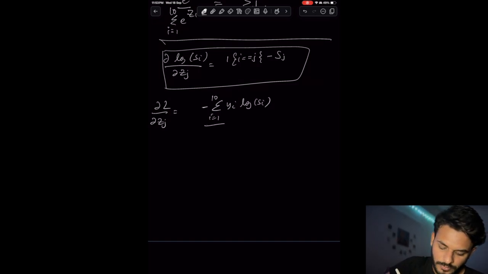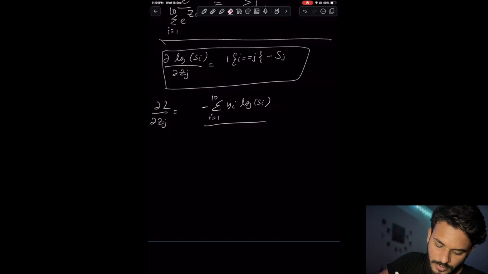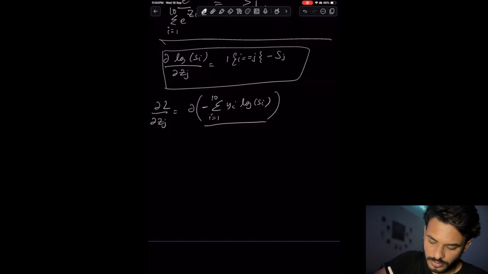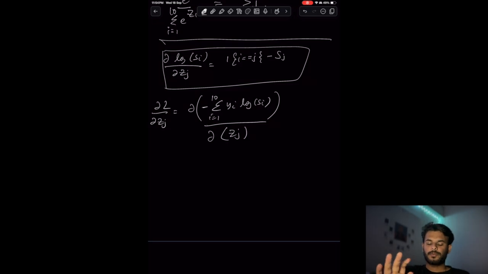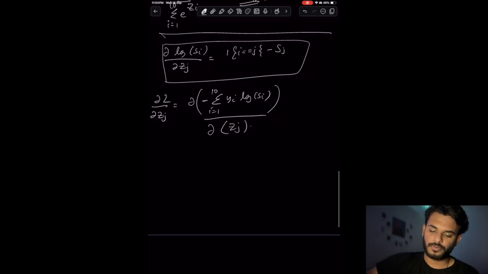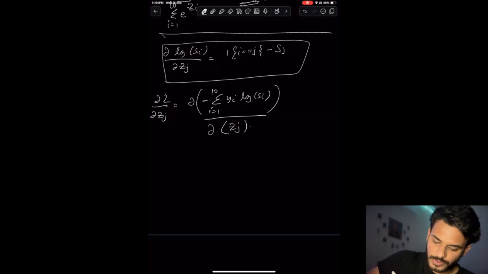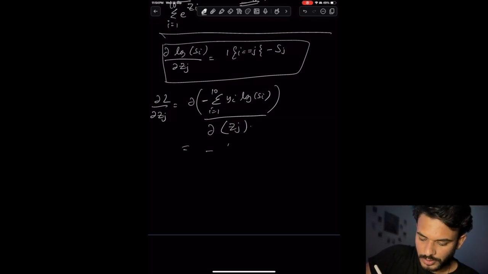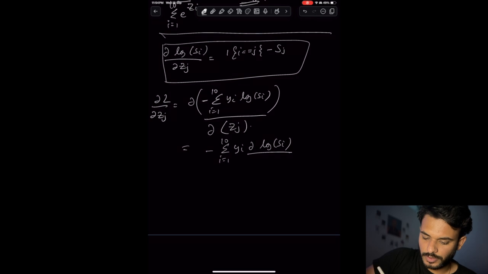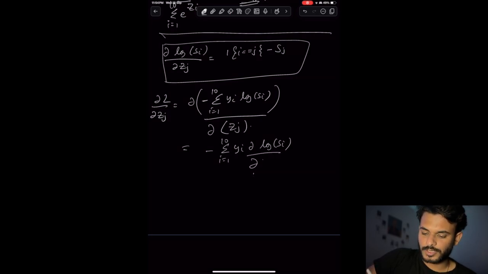Cool. And then we have to differentiate this entire thing with respect to zz. Now here, see, yi is a constant, it's not depending on zz because it's the actual value. So if we take the derivative inside, this will simply turn out to be minus summation i is equal to 1 till 10 yi, derivative of log of si with respect to derivative of zz, right?